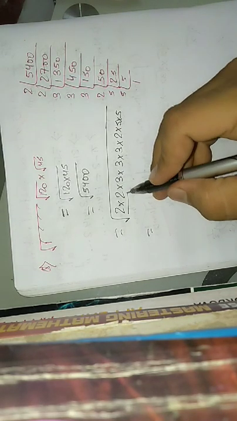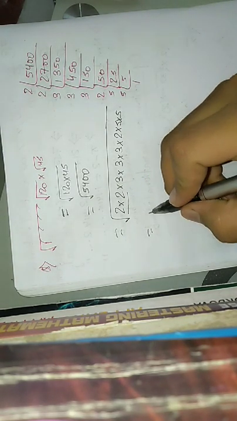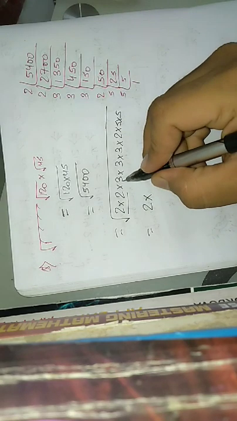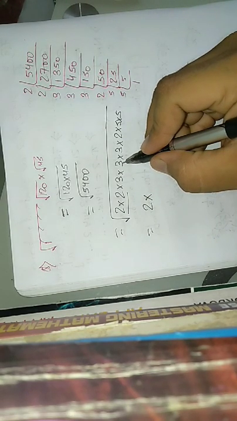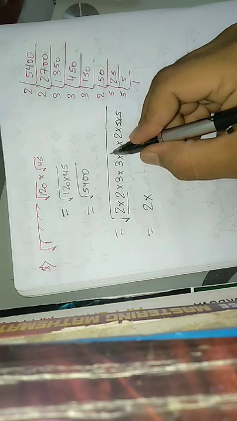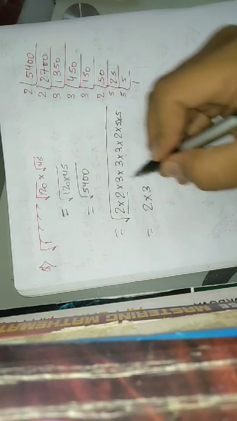2 into 2 is 4. The square root of 4 is 2, so I got one 2. 3 into 3 is 9, and the square root of 9 is 3, so I got this.